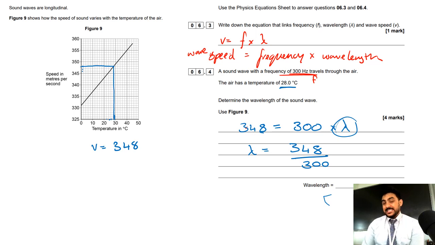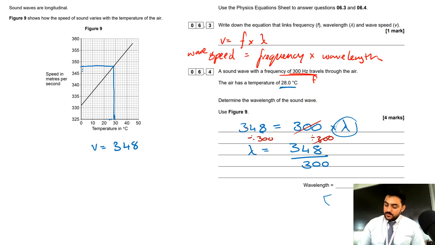Currently the 300 is timesing onto the lambda, so to get rid of it I just need to divide by 300 on this side. These two cancel out now. But if I divide by 300 on this side, I have to divide by 300 on this side, which is what we've rewritten as wavelength is equal to 348 divided by 300.